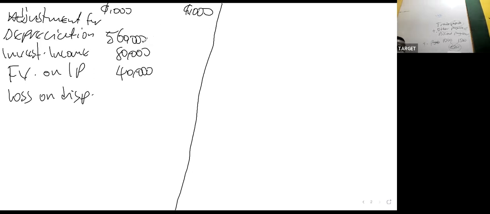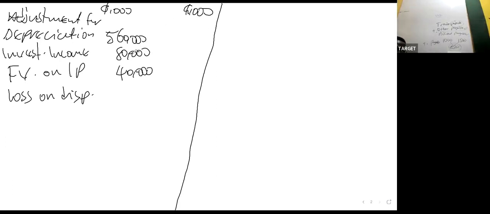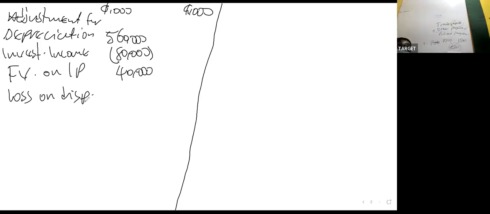Now let me start again. Depreciation, should I add or subtract? They have subtracted it from the profit, so I must add back. That one will be positive. Investment income, they have added to the profit, so I must subtract it here.